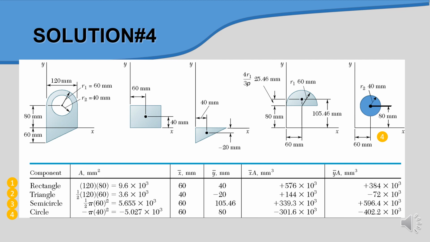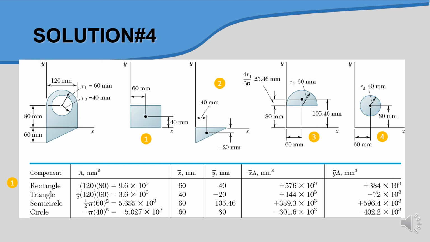Please remember that the circle is removed, so we need to subtract the value. You need to put a negative value when you calculate x bar A, y bar A.